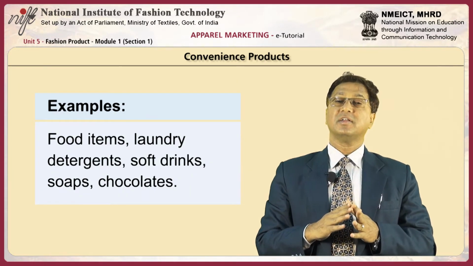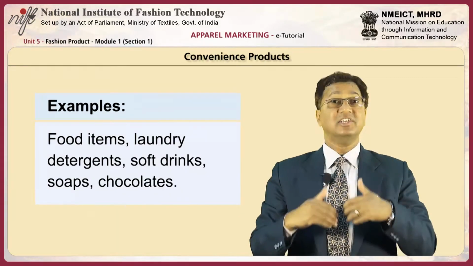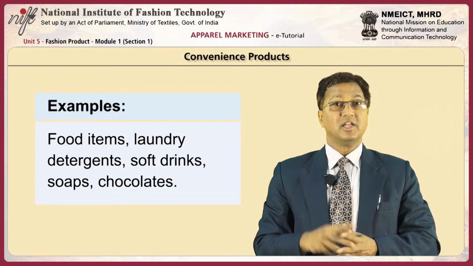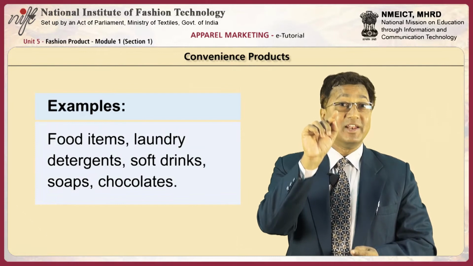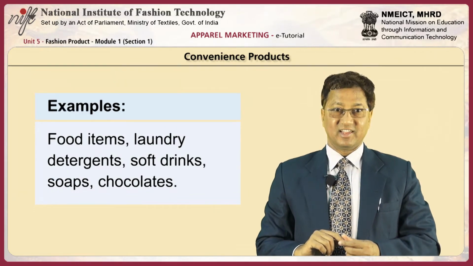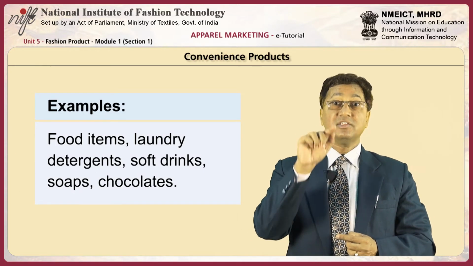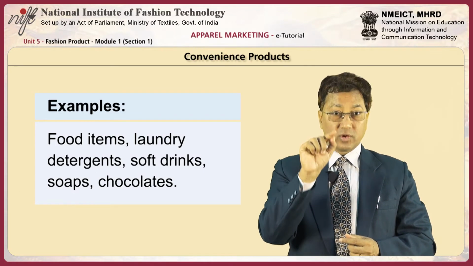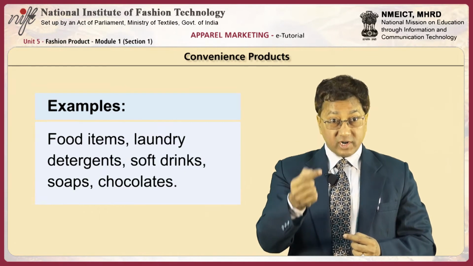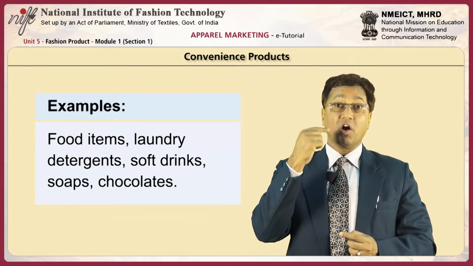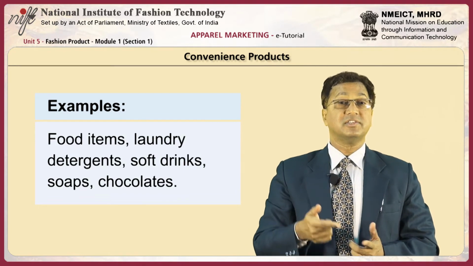The consumer does not want to search for additional information because he has product familiarity. For most buyers, convenience goods include many food items, laundry detergents, soft drinks, soaps and chocolates.